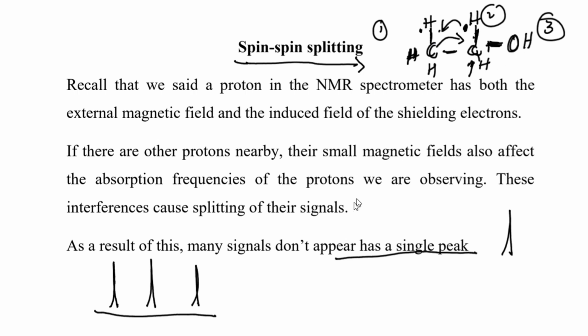So now the effect is that if this was to be the peak of the CH3 here, let's call this A, and this one let's call this B, and this one C, right? So B and C. So since the first one is CH3 and the second one is CH2, right? So the 3 protons of A will split this one.